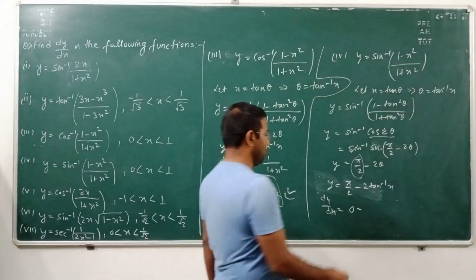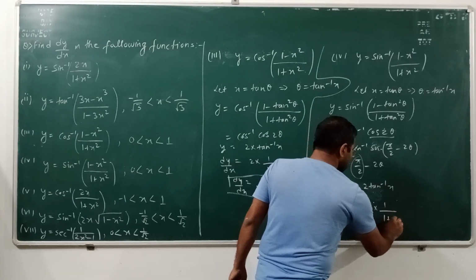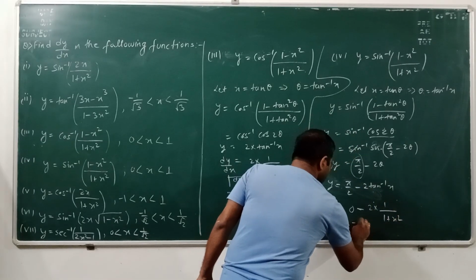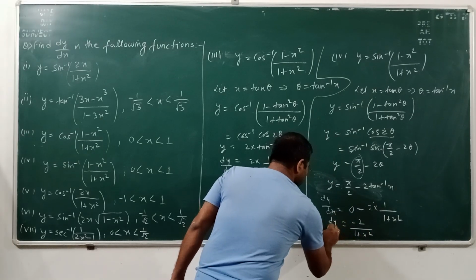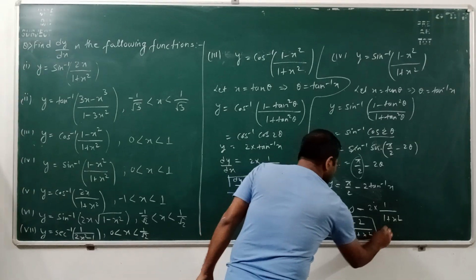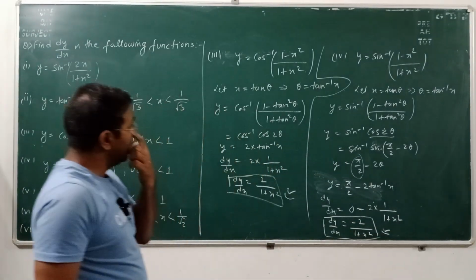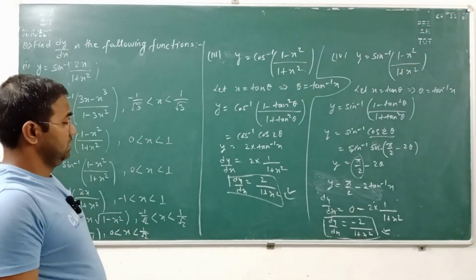Now minus 2 into 1 upon 1 plus x square, it means minus 2 upon 1 plus x square will be the dy upon dx of the given function. In this way you will differentiate. So see here how you will find the dy upon dx. I hope you have understood how you will write the solution of this.